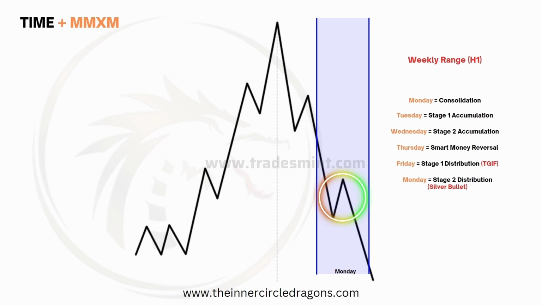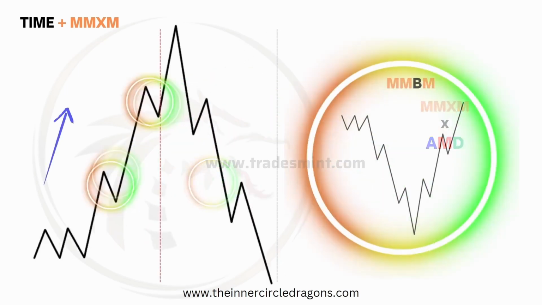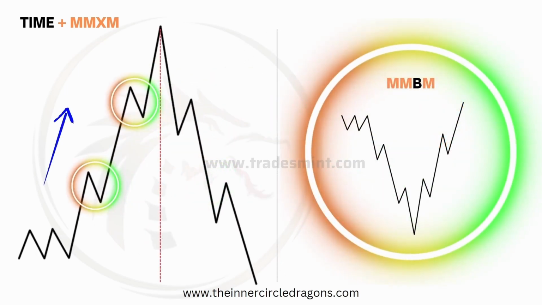Just because it's a Monday doesn't necessarily mean that it's going to be a consolidation day. Now, we can combine market maker models with our AMD cycles, which is the accumulation, manipulation, distribution phases of a buy or sell program. Inside of the retracement legs is where we will see our market maker buy models.